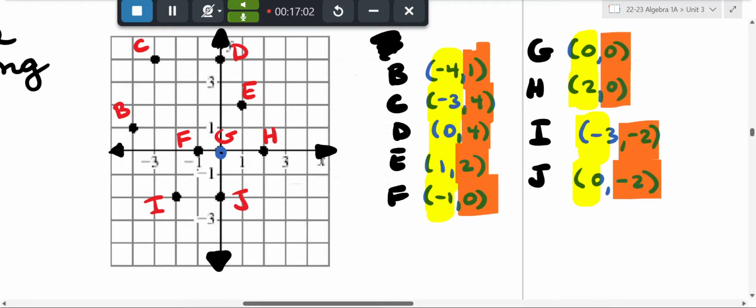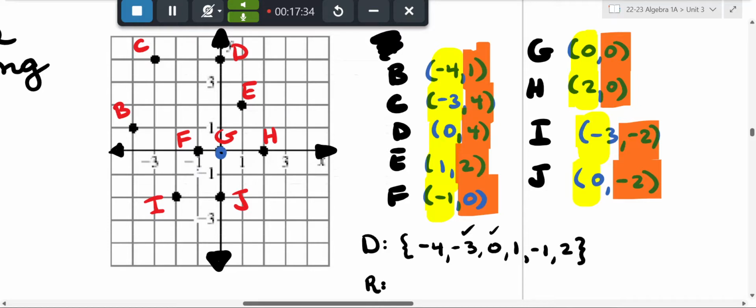So the domain is going to be -4, -3, 0, 1, -1. 0 is already there, so we don't have to write it twice. 2. -3 is already there. And then 0 again, which is already there. So it's just those.